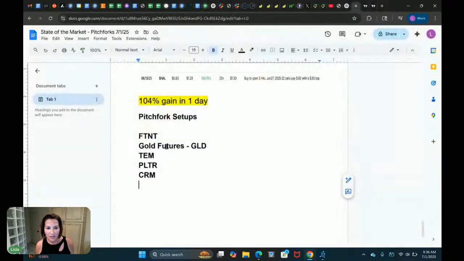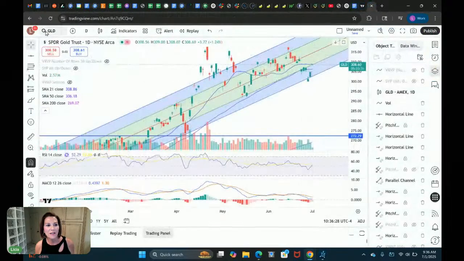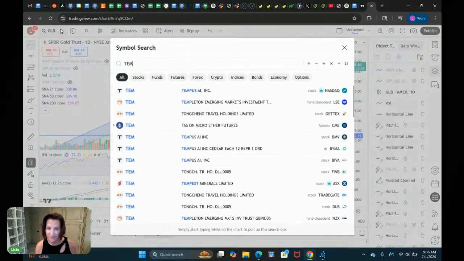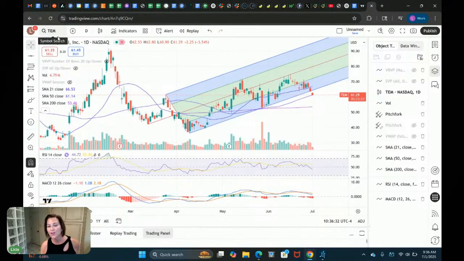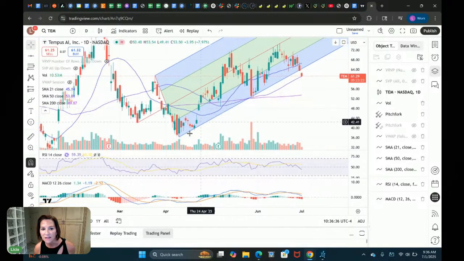Okay. So I had for FTNT Gold Tempest yesterday. See, I wrote these last night. This is why we wait for confirmation. I put TEM on my list because it held support, traded that channel, held resistance, support, now resistance, support.